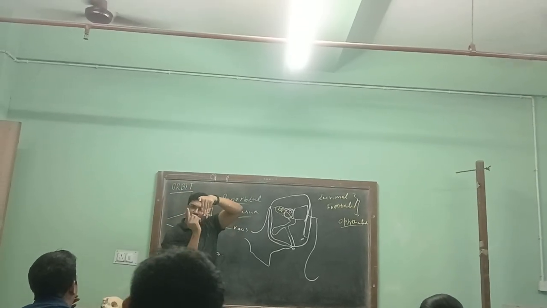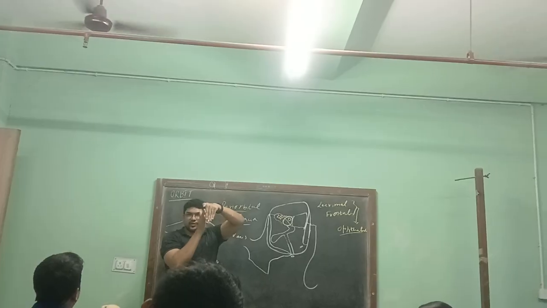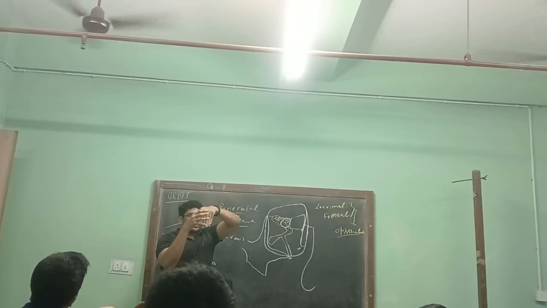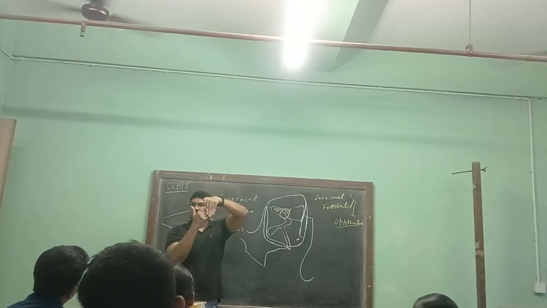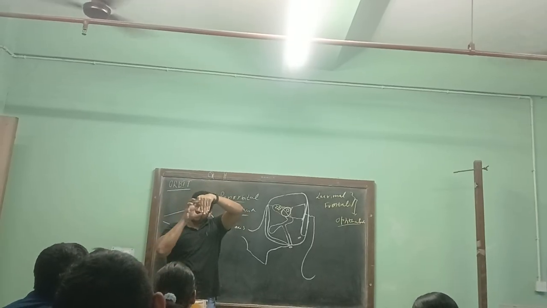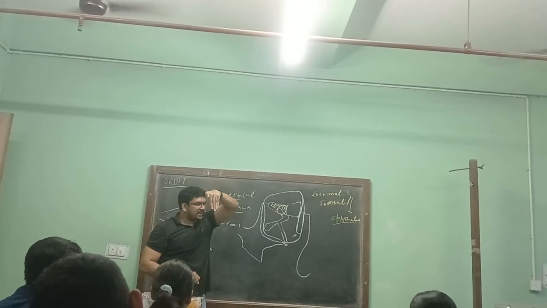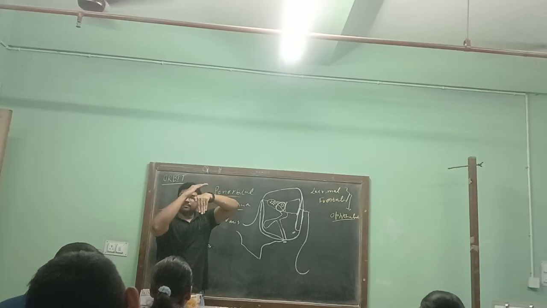In front of the levator palpebrae superioris towards the lateral aspect, there will be the palpebral part of the lacrimal gland. Behind the levator palpebrae superioris towards the roof there will be the orbital part of the lacrimal gland. Getting it? Palpebral means belongs to the eyelid.